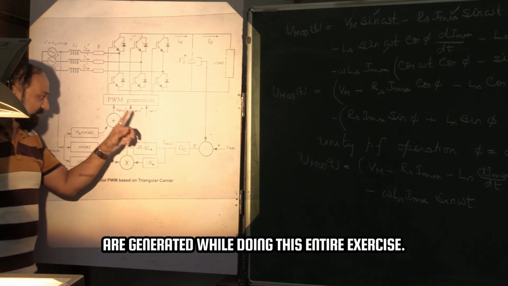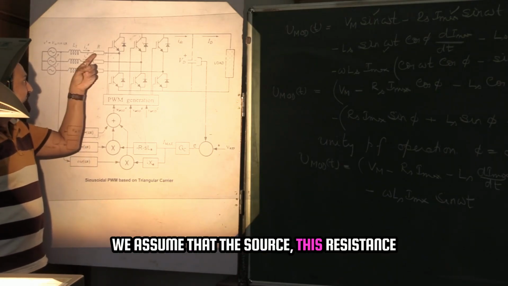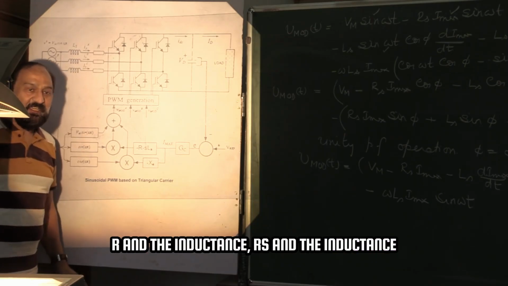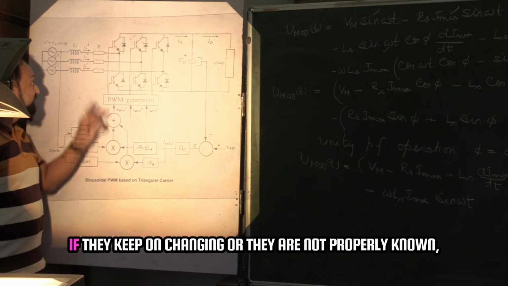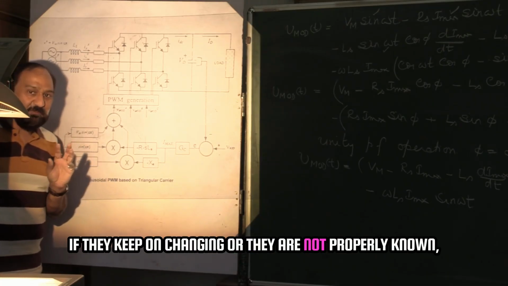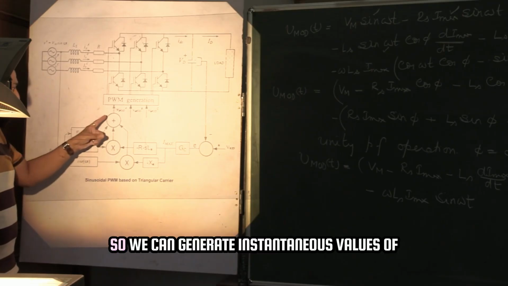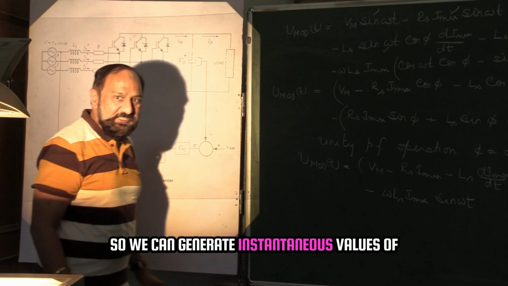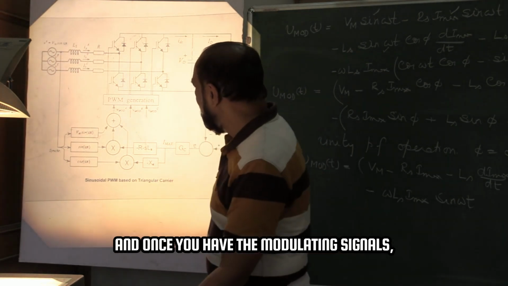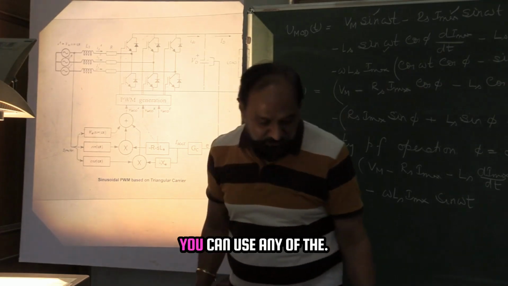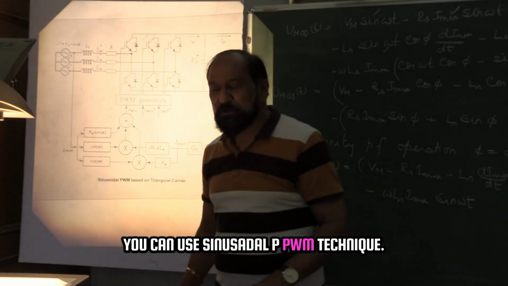While doing this entire exercise, we assume that the source, this resistance Rs and the inductance Ls are known and fixed. If they keep on changing or they are not properly known, your modulating signal will not be properly calculated. So we can generate instantaneous values of three modulating signals, and once you have the modulating signals, you can use the sinusoidal PWM technique.